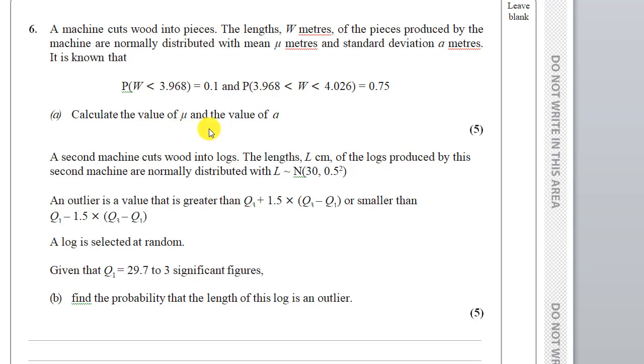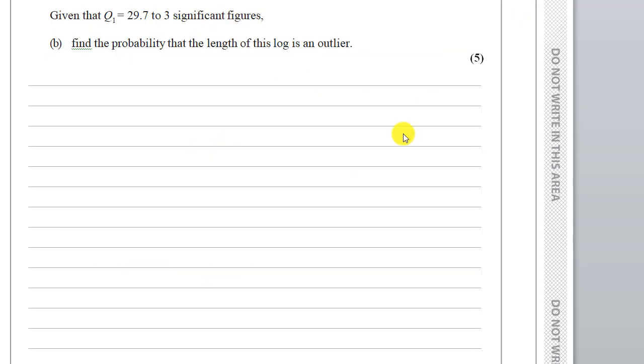Calculate the value of mu and the value of sigma. So we need the mean and the standard deviation. Let us start to solve. So this is part A.